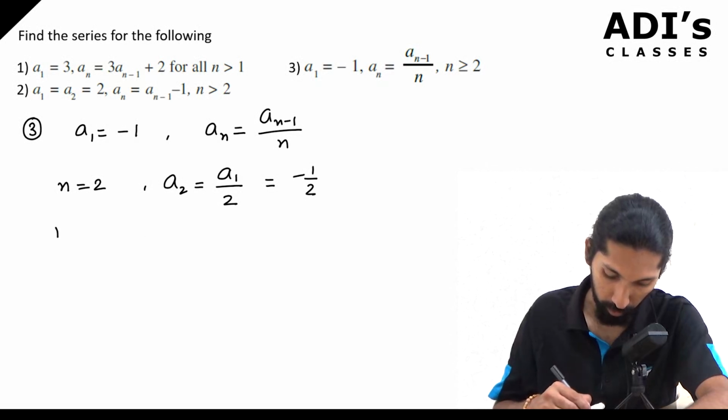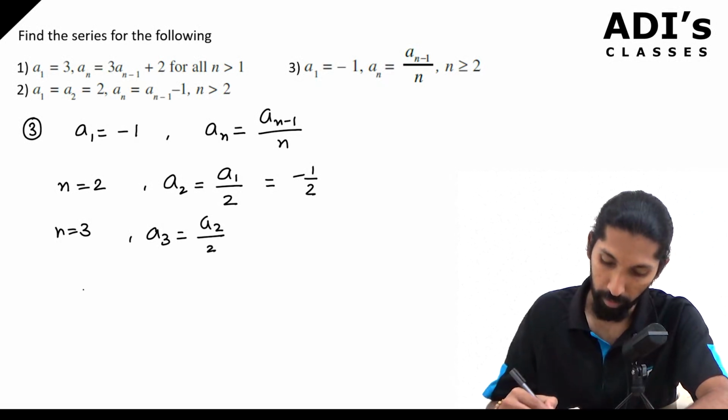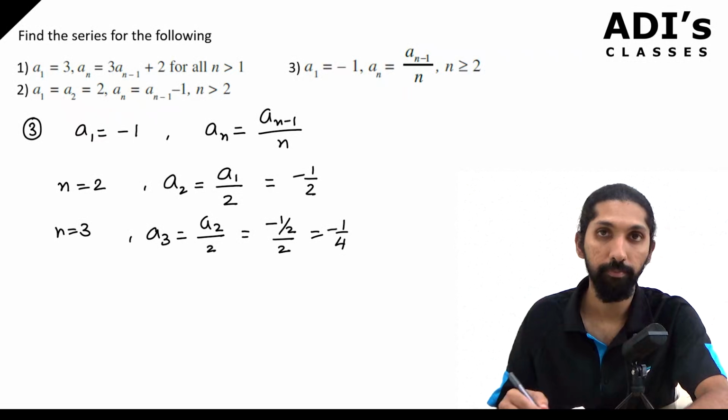Next, n is equal to 3. a3 is equal to a2 divided by 3, which is going to be minus half by 3, minus 1 by 6. Small change, sorry.